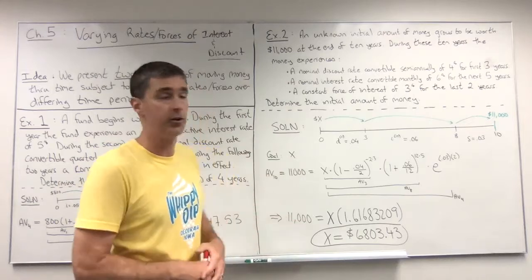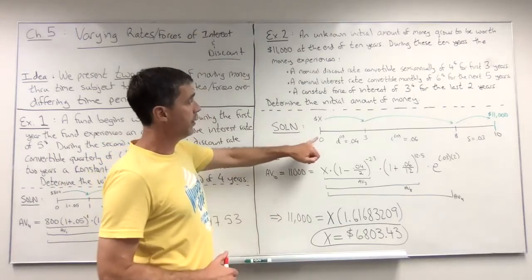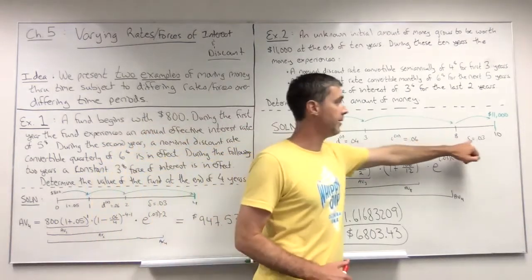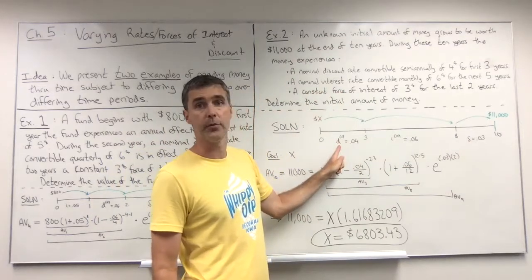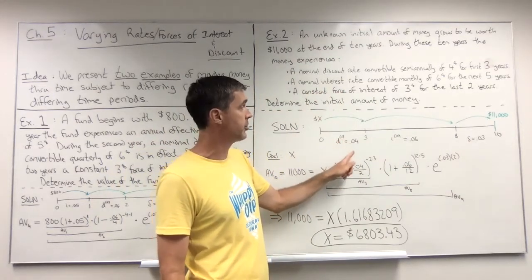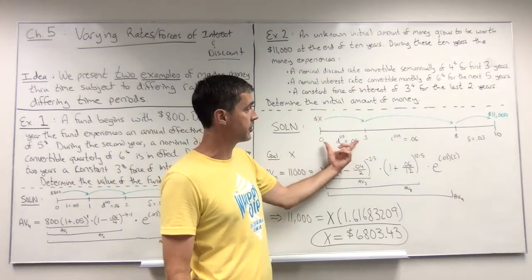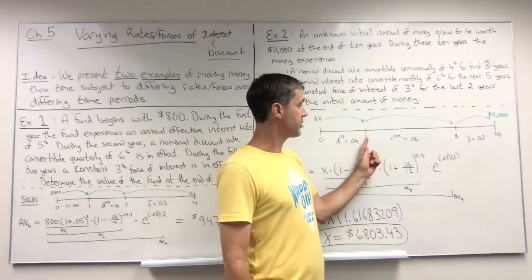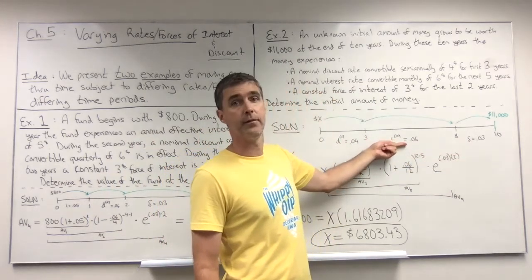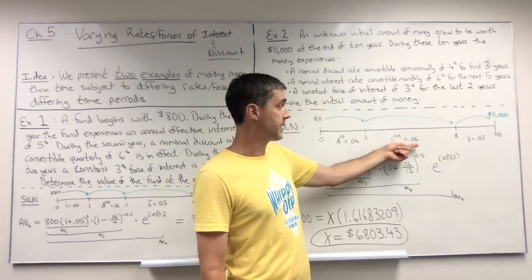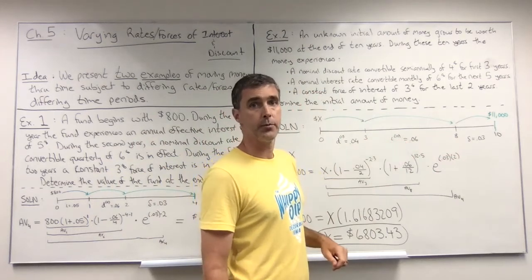What's the present value? Okay, well, here's my time value diagram again. For the first 3 years, nominal discount rate convertible semi-annually, so d superscript 2 of 4%. Next 5 years, so from time 3 to time 8, I have a nominal interest rate convertible monthly of 6%, so i superscript 12 is equal to 0.06.